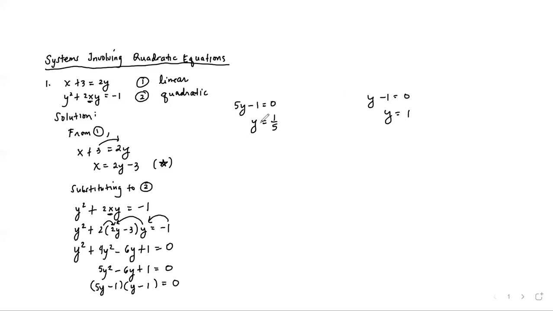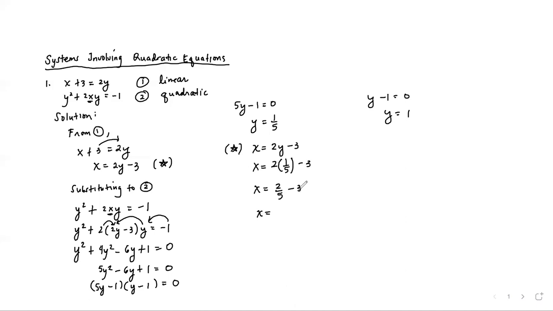Now, since the first equation yields y equals 1/5, we are going to substitute this into the star equation. So in the star equation, we have x is equal to 2y minus 3. So substituting 1/5, we will get 2 times 1/5 minus 3, which is equal to 2 over 5 minus 3.